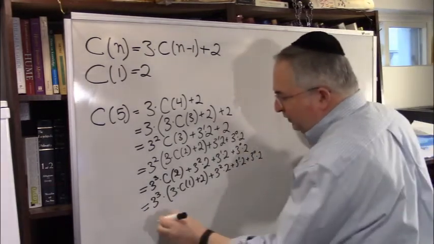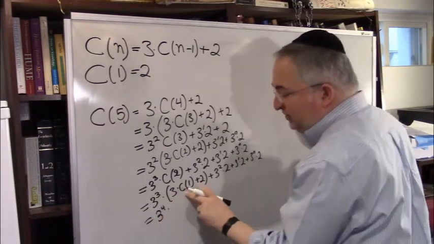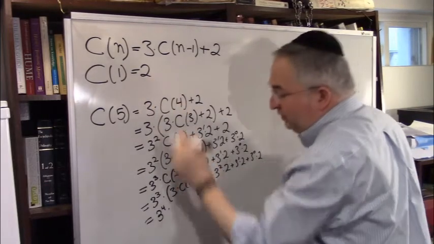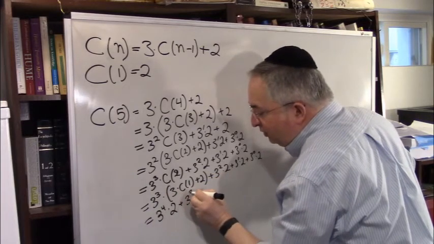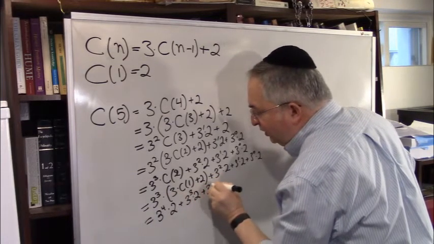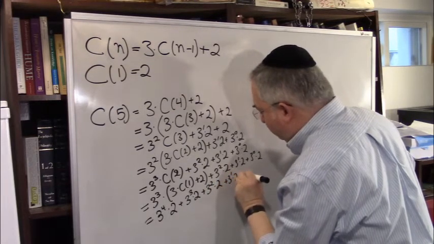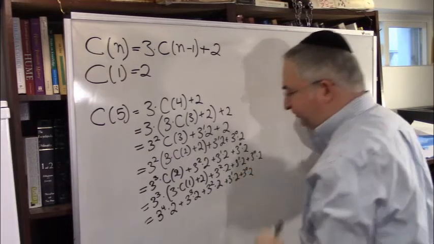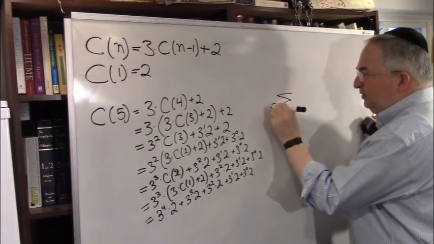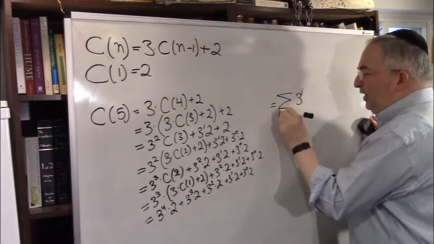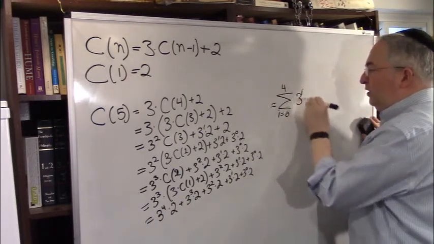So this all ends up to be 3 to the 4th times C of 1, and C of 1 is equal to 2, times 2 plus 3 to the 3rd times 2 plus 3 to the 2nd times 2 plus 3 to the 1 times 2 plus 3 to the 0 times 2. Now we can write this a lot nicer as the sum of 3 to the i, i equals 0 to 4, times 2.